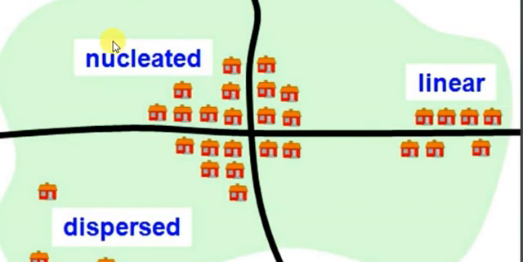This is the linear settlement, where the houses are lined along a road or a highway. That's why this is called linear settlement. So these are different settlement patterns which you will be finding when you look at the topo sheet.